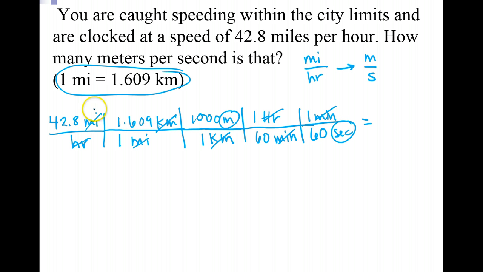We should come up with, if we're looking at 3 sig figs in our given number, 19.1 meters per second. So this is an example where your label to begin with is a little more complicated. It's known as a complex unit because it's more of a fraction than just a regular unit.